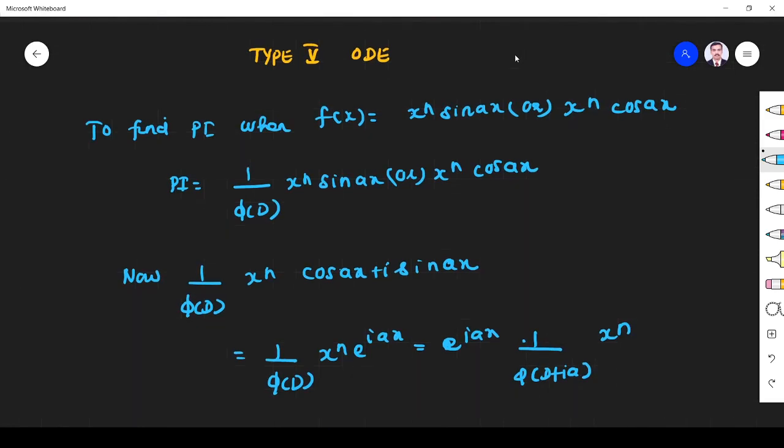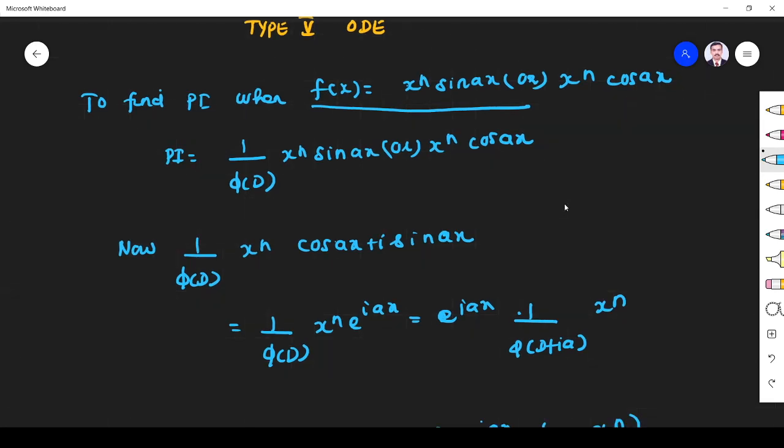Type 5 will be in the format where f of x will be in the format of x power n sin ax, instead of e power ax. Here it will be x power n sin ax or x power n cos ax, right? So what can we do? We know that sin ax is nothing but the imaginary part of e power iax, right?